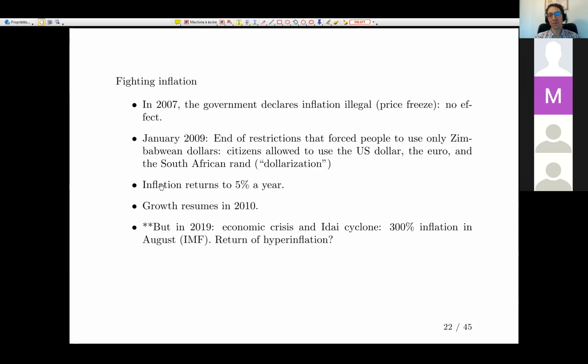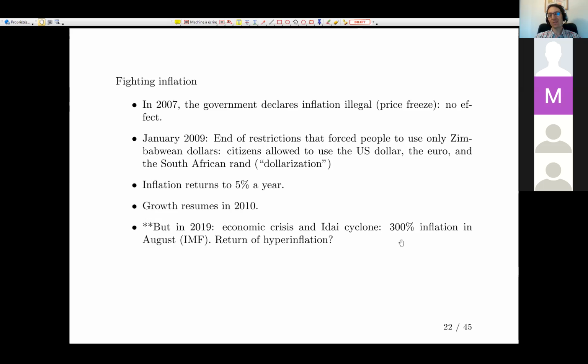So the inflation went back to 5% a year, and growth resumed in 2010. What happened here is they allowed people to use something else instead of the Zimbabwean dollar. But in 2019 and 2020, there was an economic crisis and the Idai cyclone.